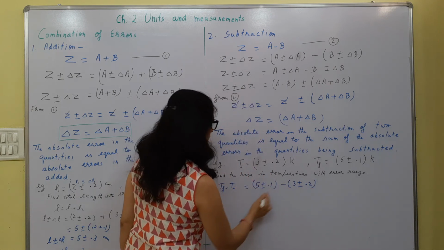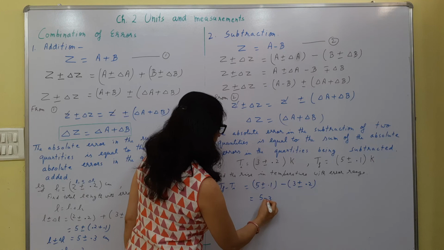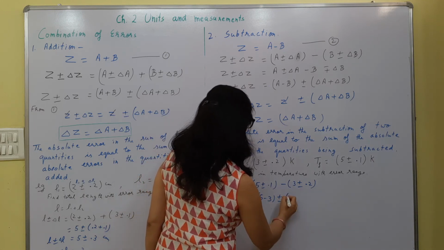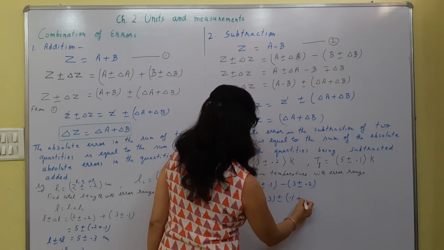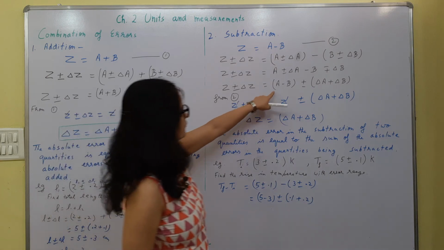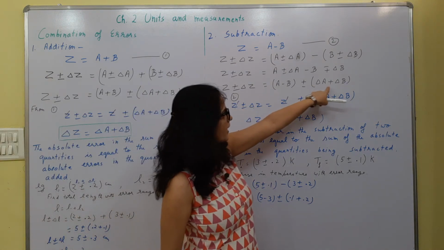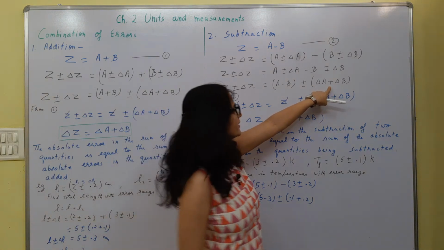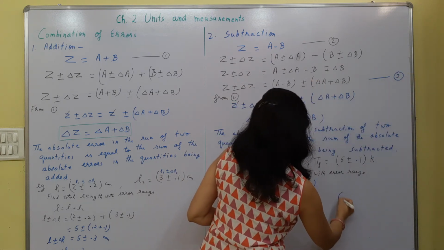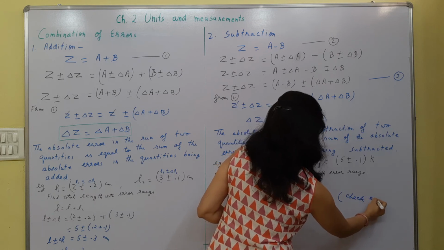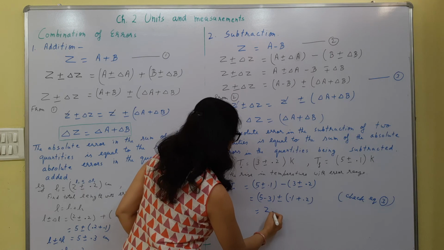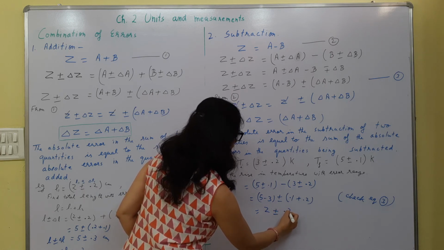The individual quantities will be subtracted, but the errors will be added. As you can see here, the individual quantities are subtracted, but errors are added. So you can check this equation also in case of any doubt. So this will give me 2 plus minus 0.3.